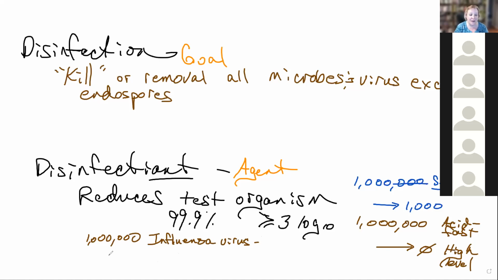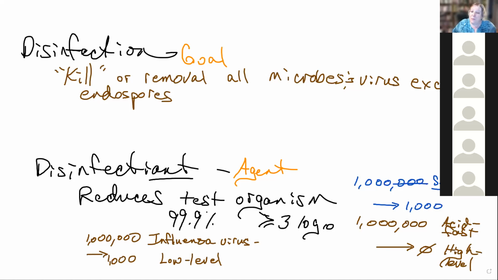Let's say I barely squeaked through, and after applying it, I get 1,000 out. I have still met the requirements to call myself a disinfectant. But this is called a low level disinfectant.